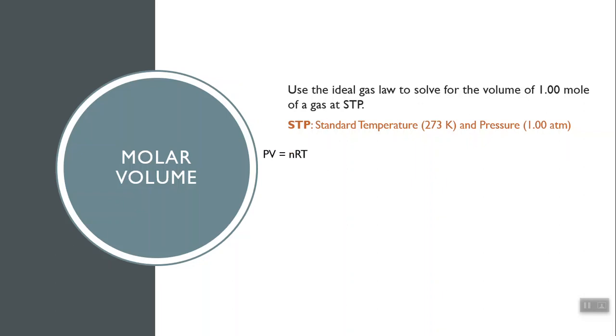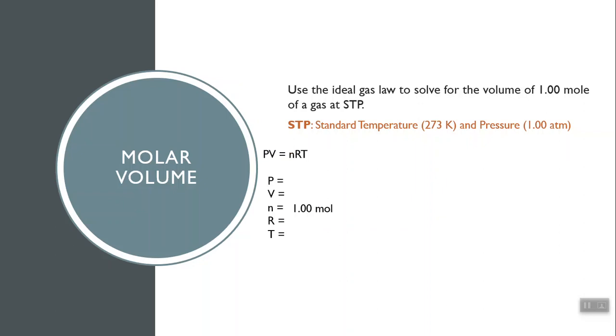So go ahead and use our ideal gas law, PV = nRT, and plug in the values. Define our values and solve. What will you get for the volume at STP? Go ahead and pause the video and try to work this problem yourself. Unpause when you're ready.